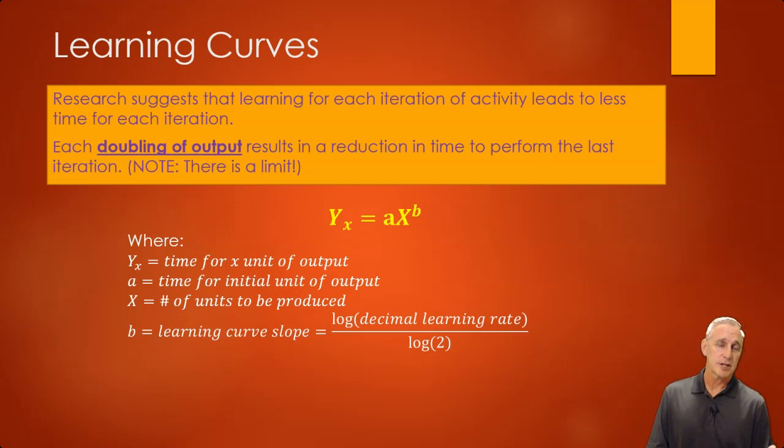You can look at it from a percentage standpoint, but when you put it into this calculation, you convert it to a decimal. So if I was going to say it's 70%, I'd put in 0.70. Take the log of 0.70 divided by the log of 2. That would be in the exponent. So just keep that in mind when you're running these calculations.